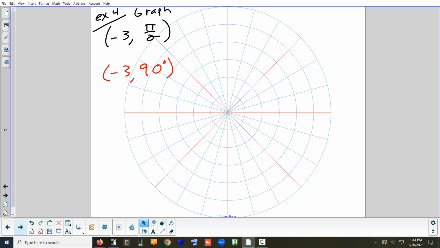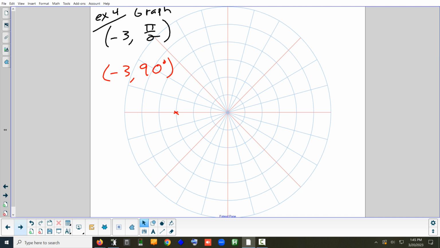Oh wait, your radius is negative 3. Well, what way am I going to move from the origin? To the left, yeah. So it's going to be 3 units, but to the left because it's negative. So 3 units left. 1, 2, 3.